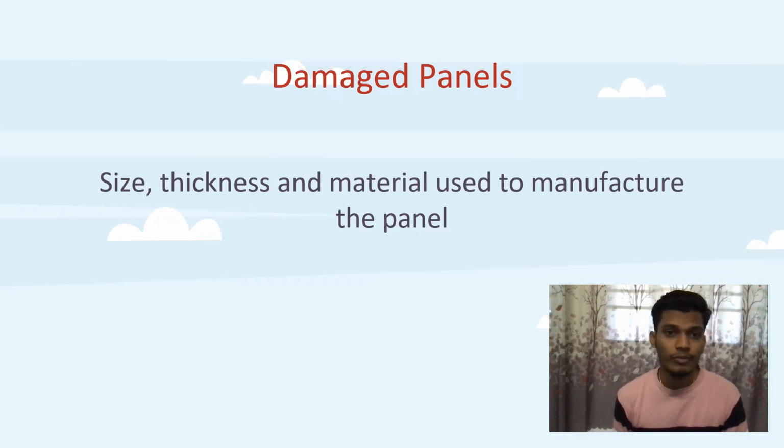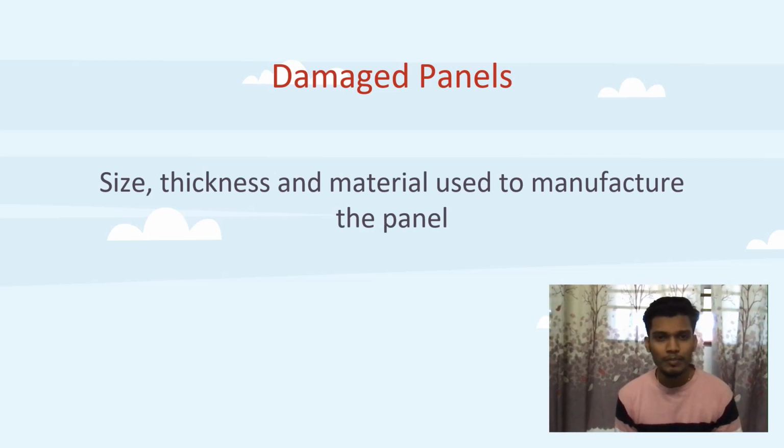So for the first factor which is included in steel building repair works is damaged panels. Damaged panels are some of the most common problems that have to be addressed in steel buildings. Depending on size, thickness and material used for manufacture of the panel, as well as the extent of the damage, metal building panels can be replaced or repaired.